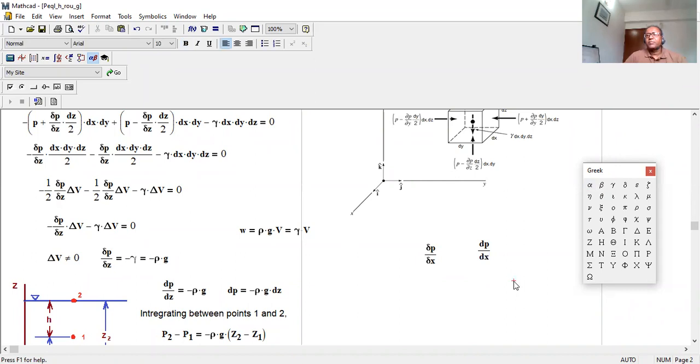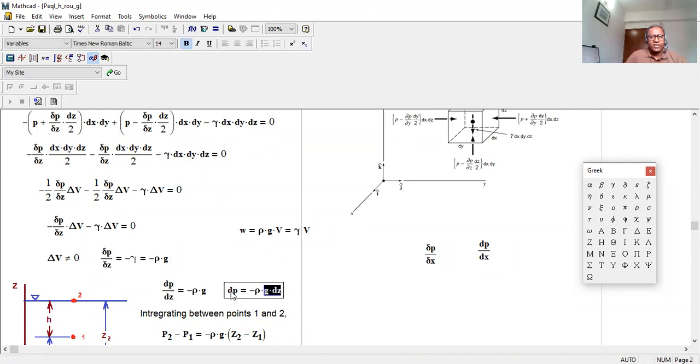If you have multiple variables, then you get the partial derivative. Then if you have a single variable, you get the derivative. So right over here, there is no more variable on the right hand side. That's why instead of del p by del z, we can say the derivative dp by dz equal to minus rho g.